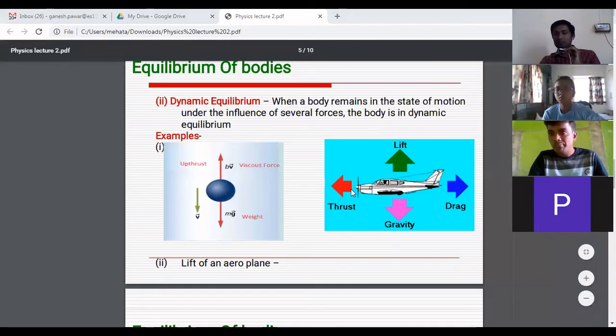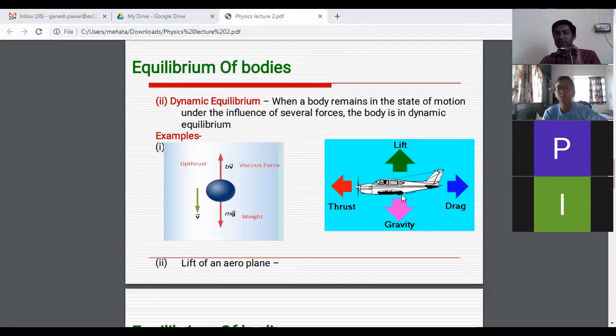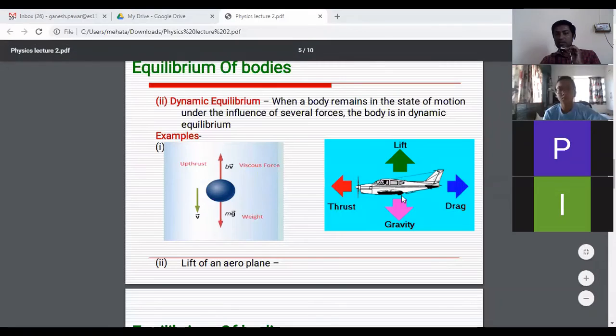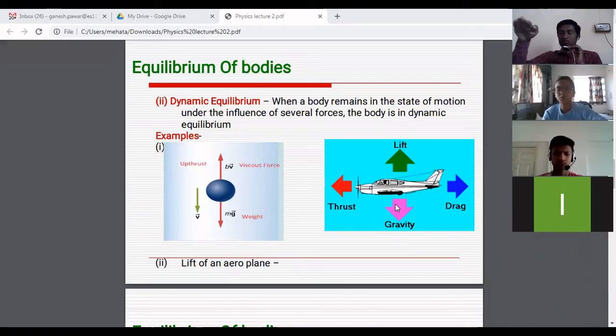Have you understood that example? Now the second example, the aeroplane. When the aeroplane is taking off, the whole weight of the aeroplane should be balanced by the uplift. Until this gravity, that is the weight, and this lift are equal and opposite, only then will the aeroplane start moving with uniform motion.